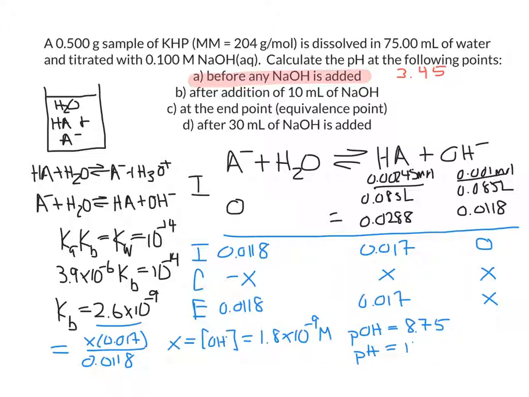And so 14 minus 8.75 will give me my pH, and my pH is 5.25. So after the addition of 10 milliliters of sodium hydroxide, we have a pH of 5.25, which is what we would expect. The pH has increased from the initial pH of 3.45 because I've added base to my solution.